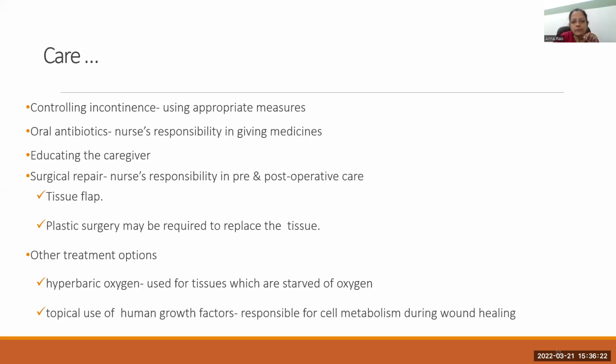So when the patient is in the hospital, there are plenty of other options. But many of our patients may not be able to come to hospital and get treated. So whatever is happening at home, we should teach them.